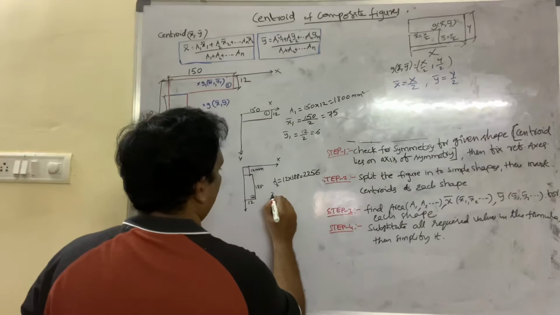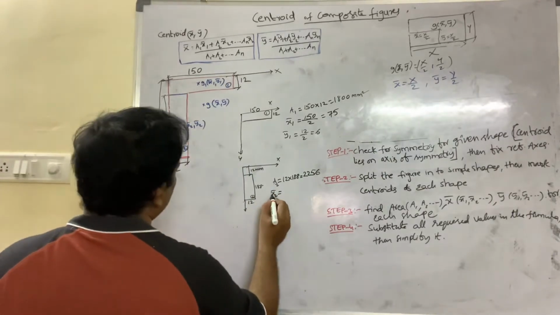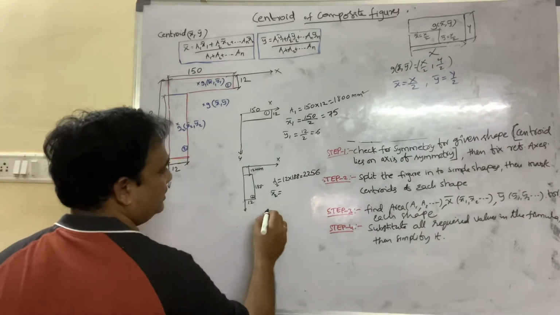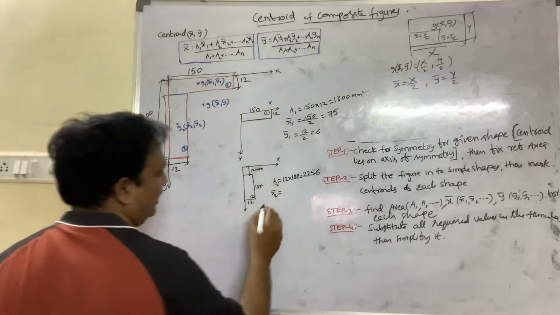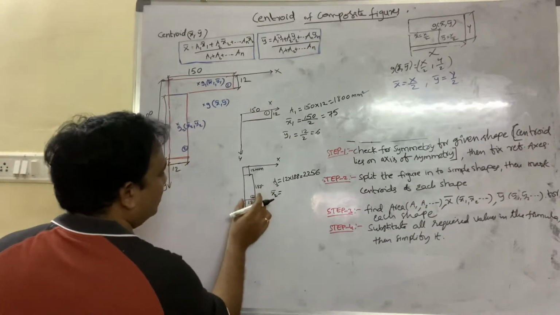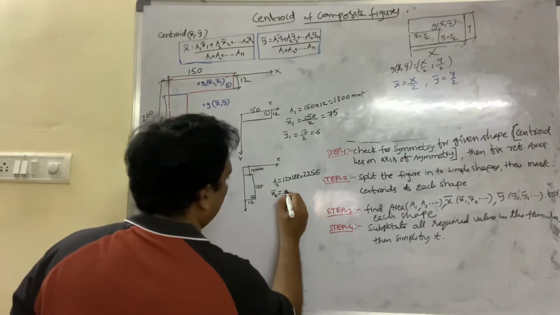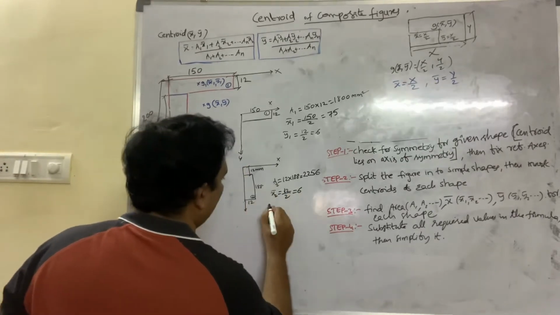2256. And x2 bar: generally x bar represents the horizontal centroidal distance, so for the second member, x2 bar is the horizontal distance by 2, that is 12 by 2, which equals 6. And what is y2 bar?